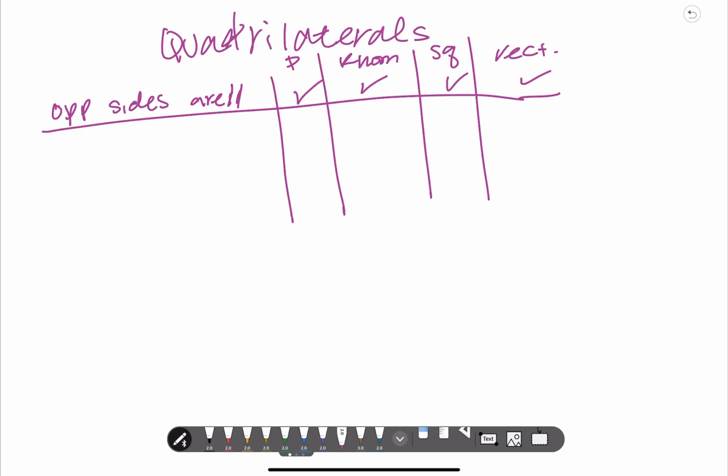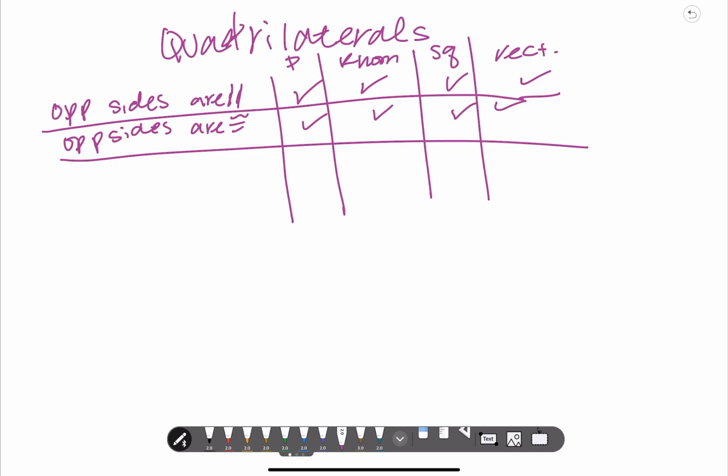But if all sides are going to be, let's see, because remember that your opposite sides are congruent in all of them. So we're definitely going to check if all of your sides are congruent. And that means it can only be a rhombus or a square. If we're being precise, that would be the most precise term that we could use.